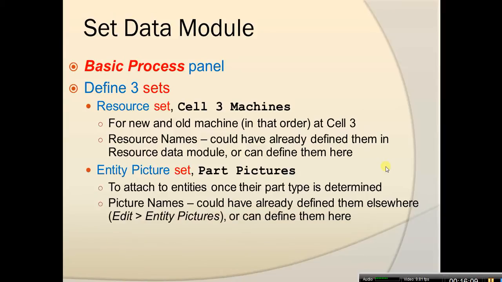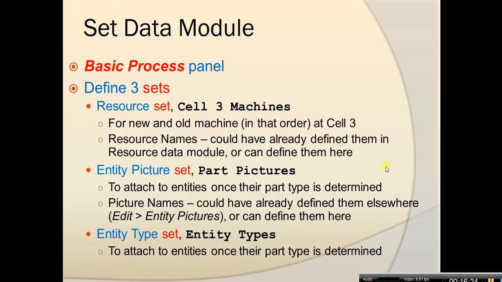And the picture names could already be defined elsewhere, so we can use edit entity pictures or define them here. And then the entity type set, we have entity types. And this is very important because we need to attach to entities a specific type once their part type is determined, because they will go through the system based on their type.